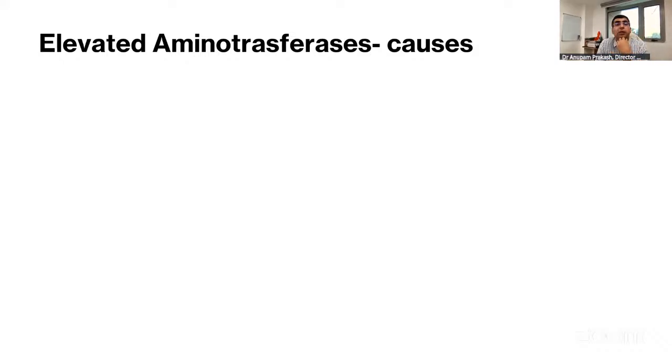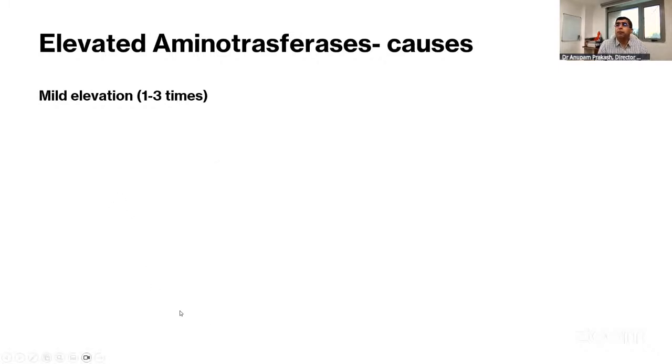I think I have mentioned the ratio, but yes, we can classify them as mild elevation, moderate elevation, and a very high or severe elevation. So if it is 1 to 3 times, different labs will have different cutoffs. We usually take a cutoff of less than 40 units per liter. At times you can take it as less than 45 also.